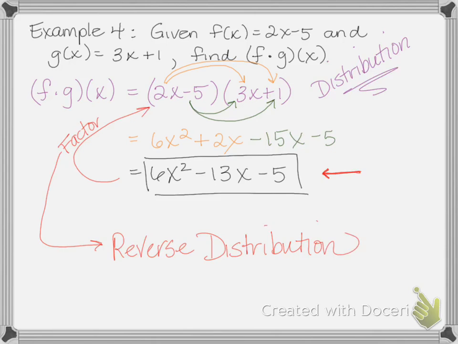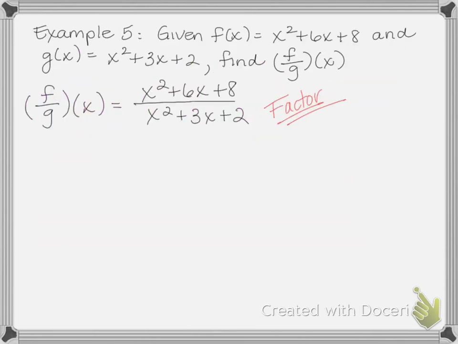You are going backwards. So what times what is giving me x squared plus 6x plus 8? That's what I'm asking you. So I'm literally saying, hey, what times what would give me x squared plus 6x plus 8? And what times what gives me x squared plus 3x plus 2?